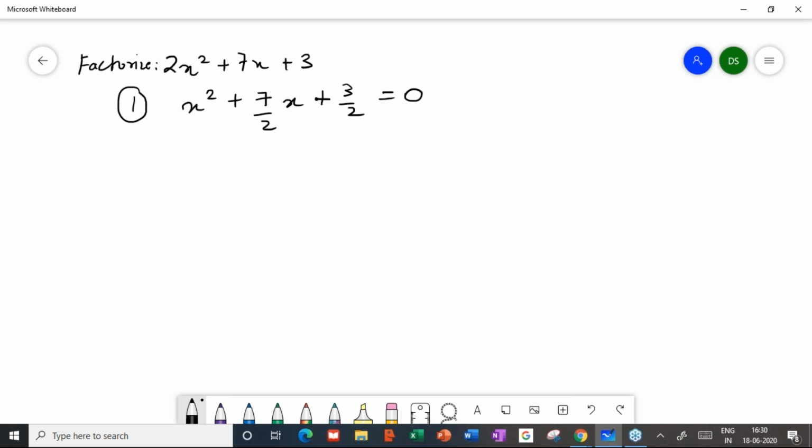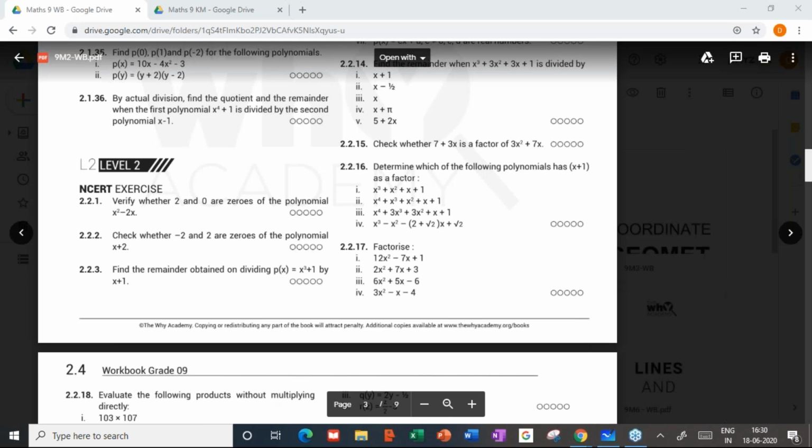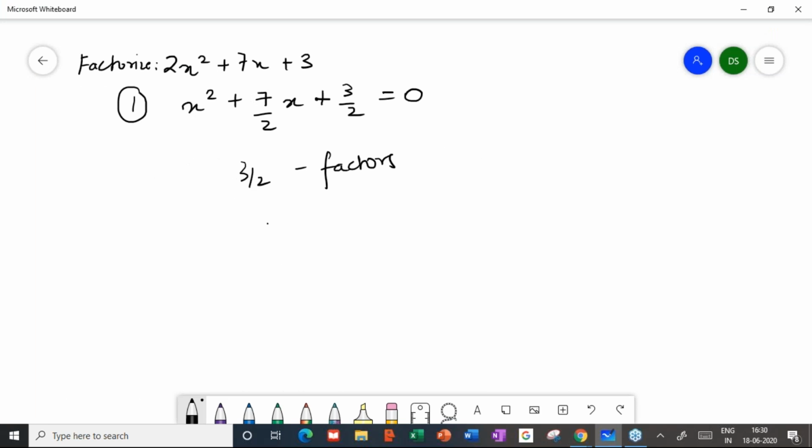Right? So now we search for factors of 3 by 2. So that can be 3 into 1 by 2, or it can be 1. 1 will always be a factor because 1 into 3 by 2 will give you 3 by 2, right?